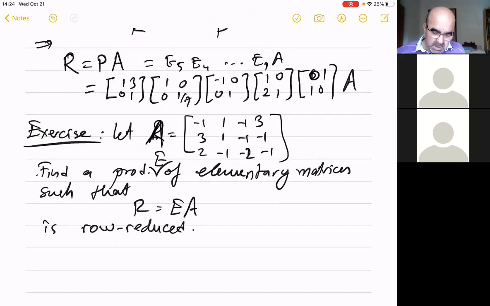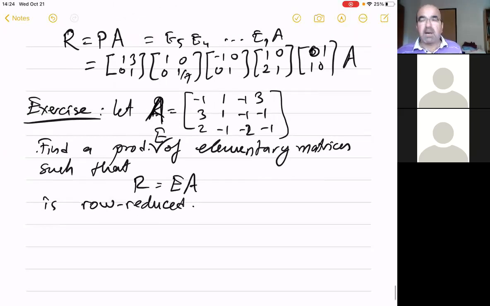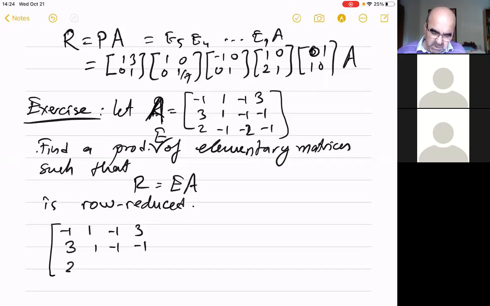Let me give you just the start of the solution, and then I will leave the rest to you. So you should write as above. We have this matrix A, -1, 1, -1, 3, 3, 1, -1, -1, 2, -1, -2, -1.